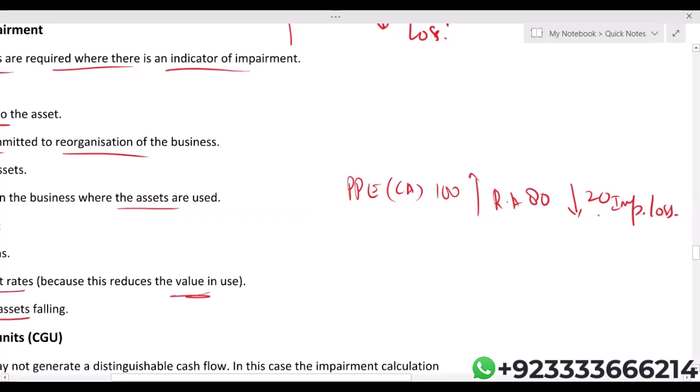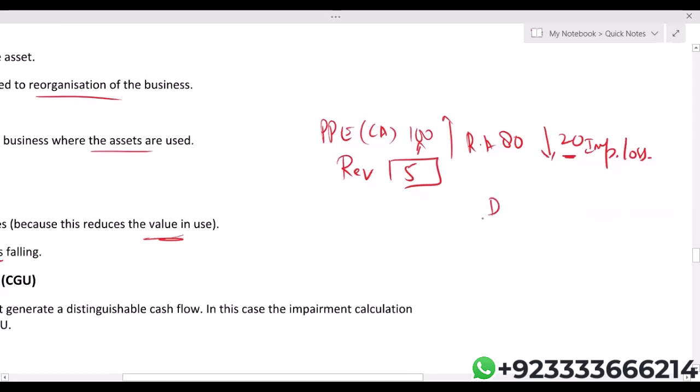For example, here we need to recognize impairment loss of 20 million, and assuming the examiner says there's a revaluation surplus of 5 million, which is included in this 100. Now look at this. Revaluation surplus slash OCI debit by 5.